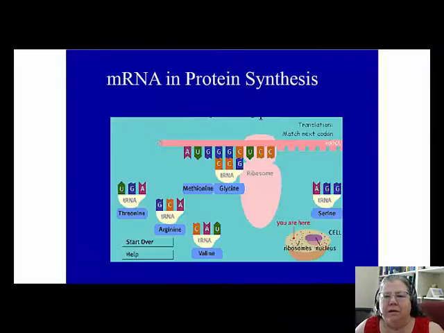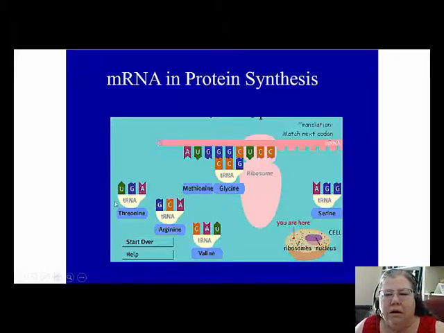Let's see if we have a picture of that. Here we see the transfer RNAs out here grabbing onto their respective amino acids.